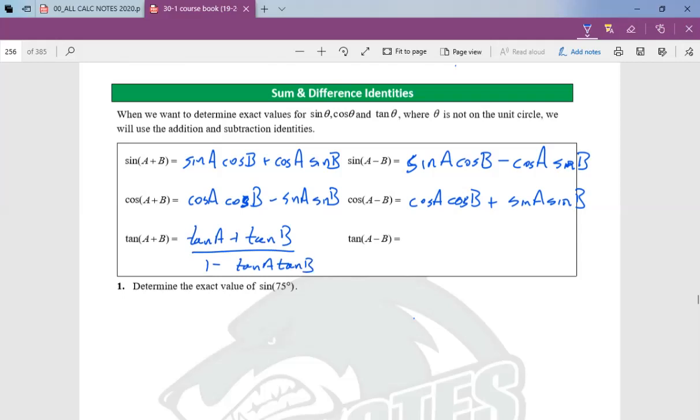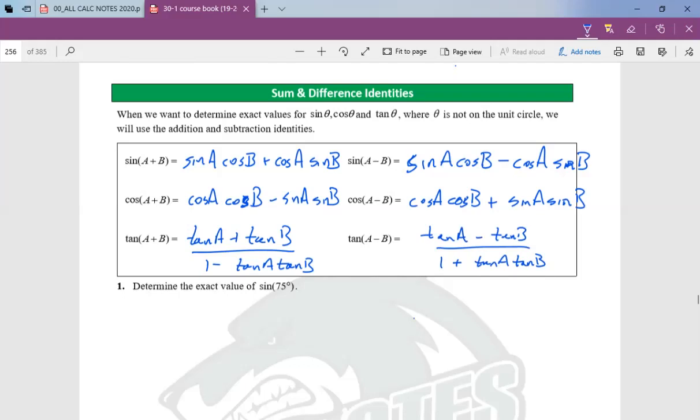And then, like we would surmise, the formula for tan of a minus b is tan a minus tan b over 1 plus tan a tan b. We change the sign. So these are all of our new sum and difference identities.